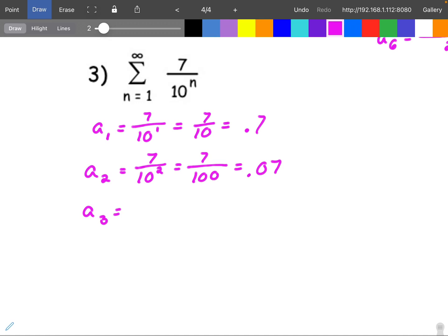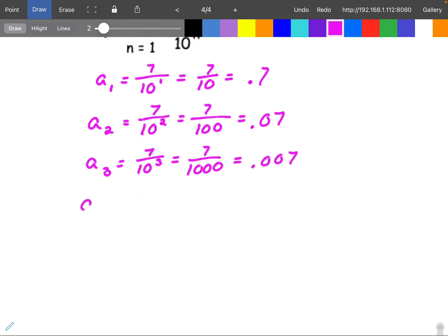So a sub 3, so we are going to do 7 over 10 to the third power. So 7 over 10 to the third power is 1,000, and 7 divided by 1,000 is 0.007, or 7 thousandths. So this is 7 tenths, 7 hundredths, 7 thousandths. So hopefully we're noticing a pattern.